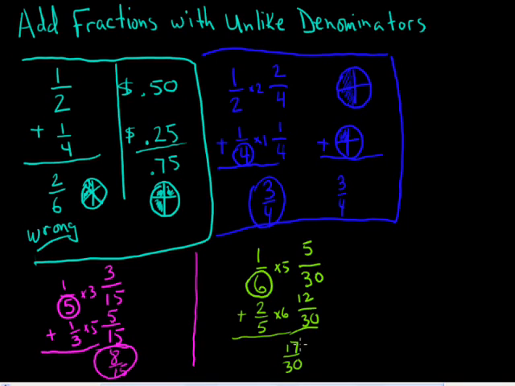And as I look at it to see if we can simplify it, the greatest common factor of 17 and 30 is only 1, so it can't be simplified. I can't divide 17 and 30 by anything greater than 1, so it's in simplest form. We're going to stop right there, and maybe I could make some more examples later and find out what we could do if we end up with an improper fraction.